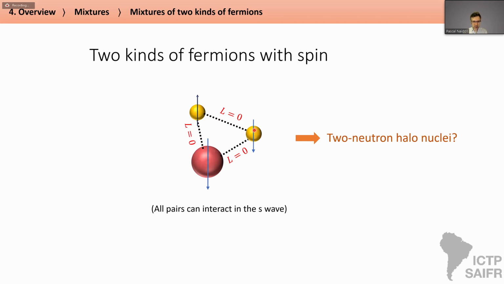And if the interactions are resonant, then we can have an Efimov effect similar to that of bosons, although the masses may be different. The reason why this is interesting is because it's reminiscent of two-neutron halo nuclei in nuclear physics.